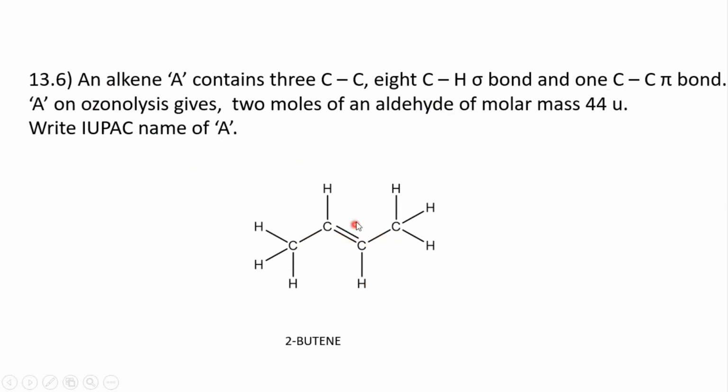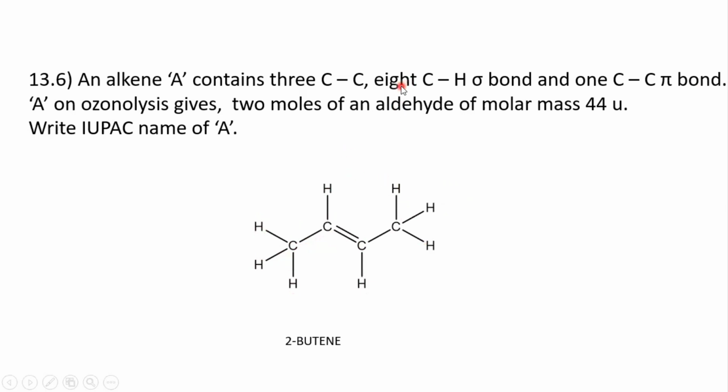That means it could be a symmetrical molecule. If it is a symmetrical molecule only, we will get the same aldehyde. So thinking that at the second carbon we put the double bond and then fill the valence hydrogen bonds correspondingly, taking the tetravalency of carbon. So once you place the double bond, then you write the CH, CH, CH, CH, CH, CH, and CH.